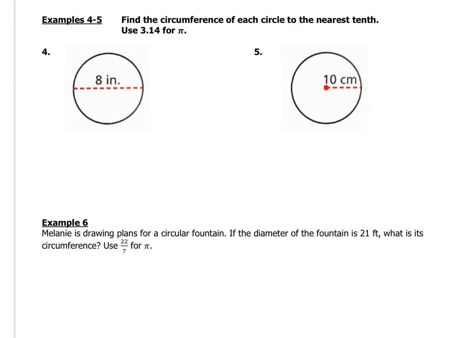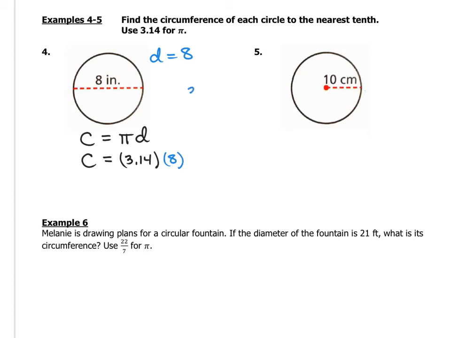Number 4, in this problem, we're given the diameter. So the diameter is equal to 8 inches. And since we're given the diameter, I'm going to use the formula C equals pi times diameter. So my circumference is going to be found by taking pi, which is approximately 3.14, times my diameter, which is 8.